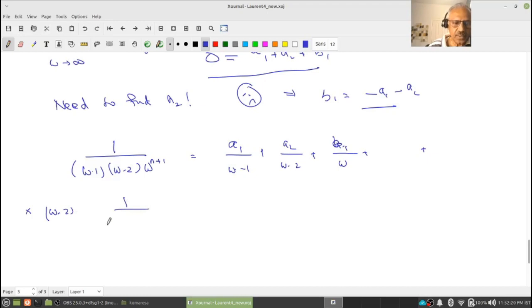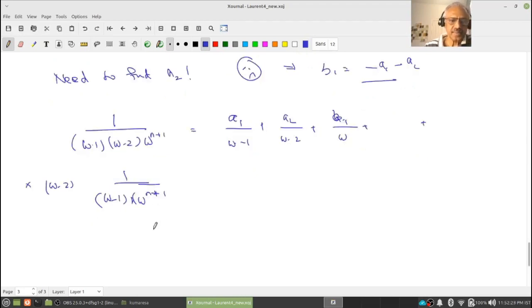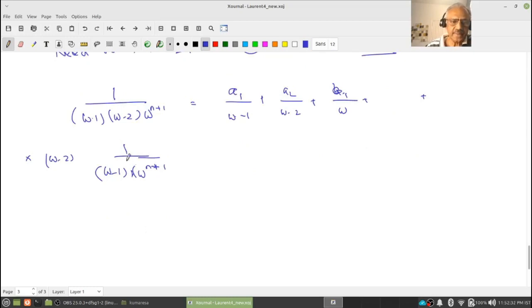Therefore I will have 1 by (w minus 1) into w power n plus 1. Are you following this? And then evaluate at w equal to 2. When w equal to 2, this is going to be 1 by 2 to the power n plus 1. Do you understand this? Okay. Now when I multiply this by w minus 2 and then put w equal to 2, this goes, therefore I will get a2.